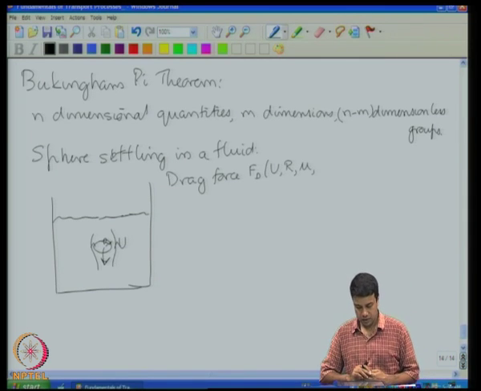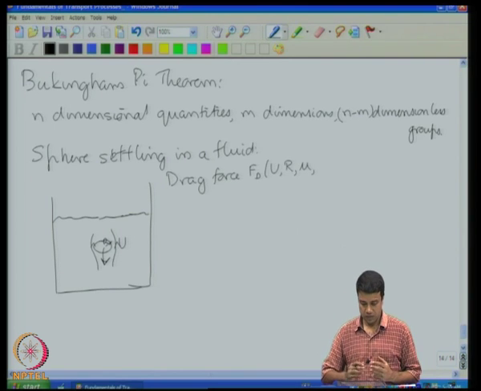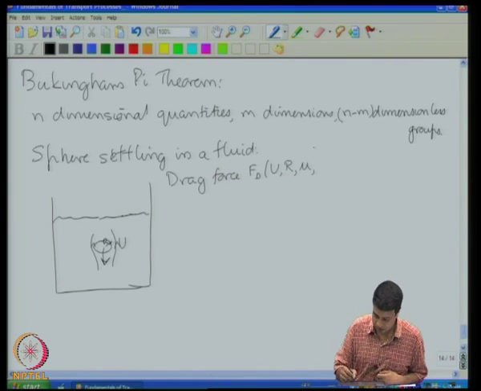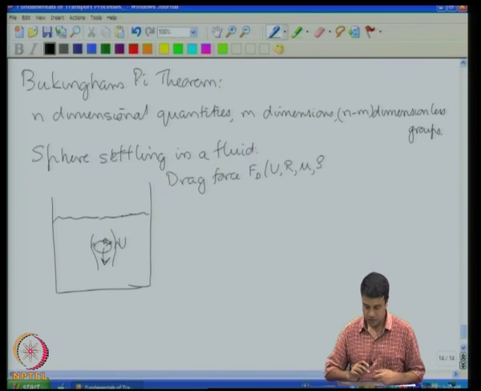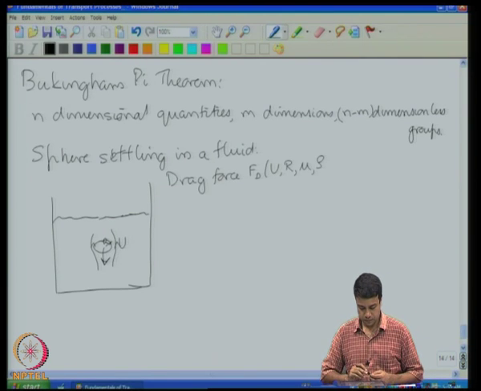In general, for the fluid flow around the particle, the friction is determined by viscosity, whereas the inertia of the flow around the particle is determined by the density of the fluid. The density of the fluid is also important. In addition, you can have other length scales.